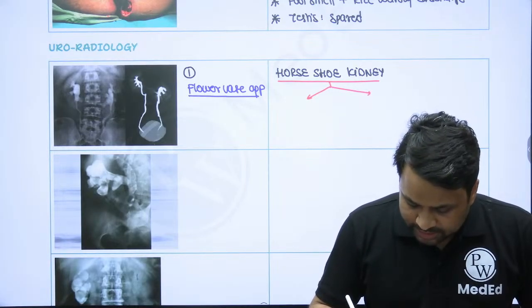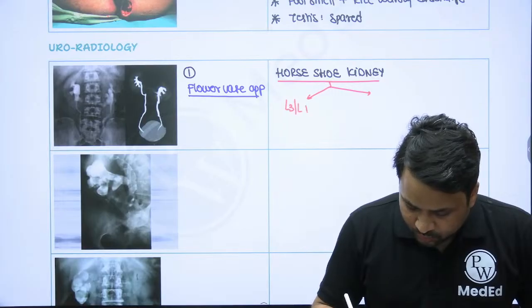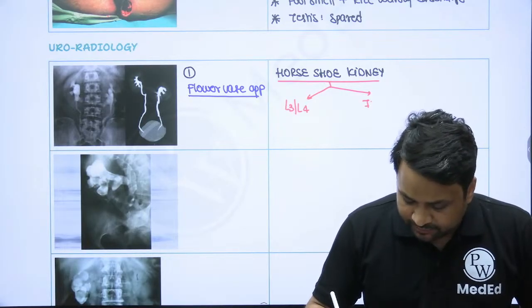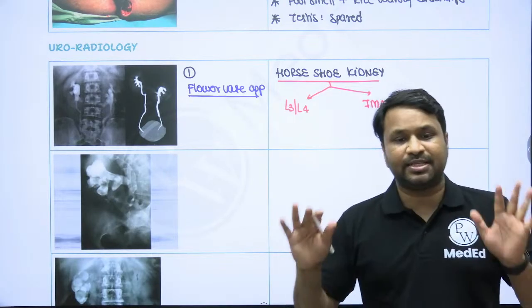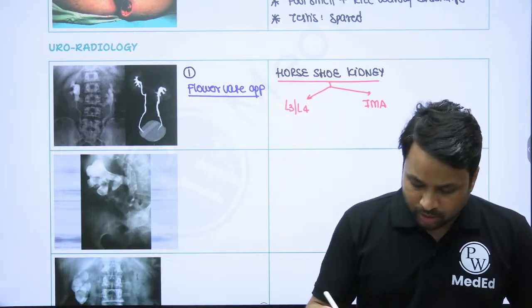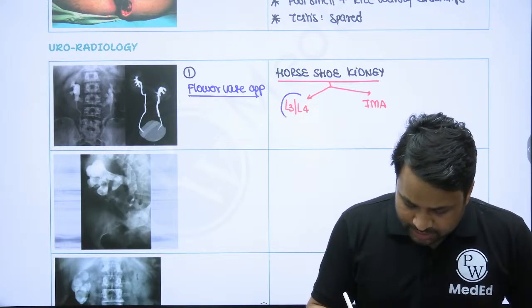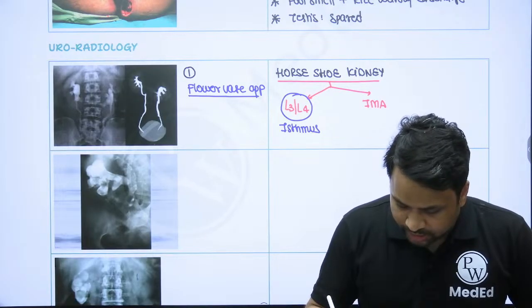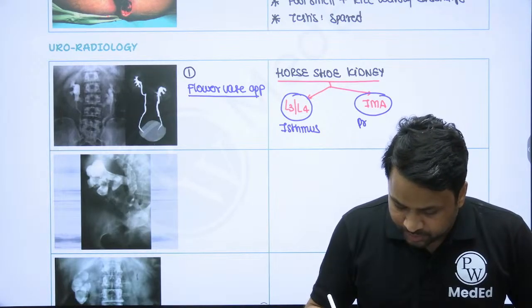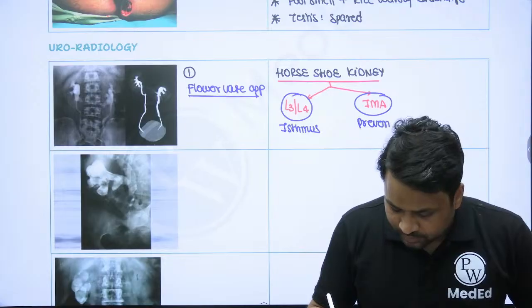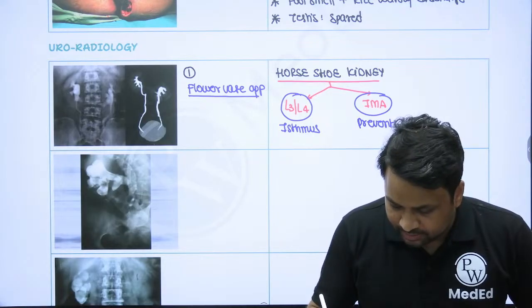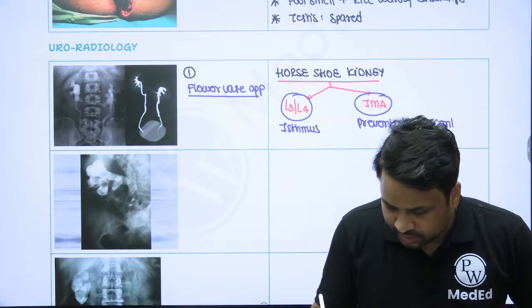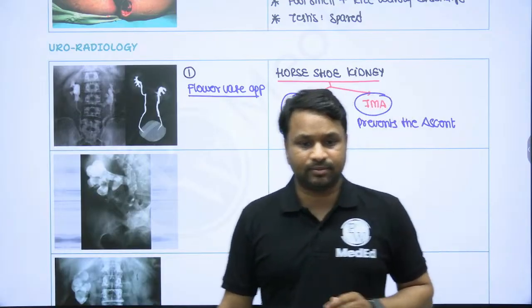The isthmus is usually seen between L3 and L4, and it is the inferior mesenteric artery that prevents the ascent.